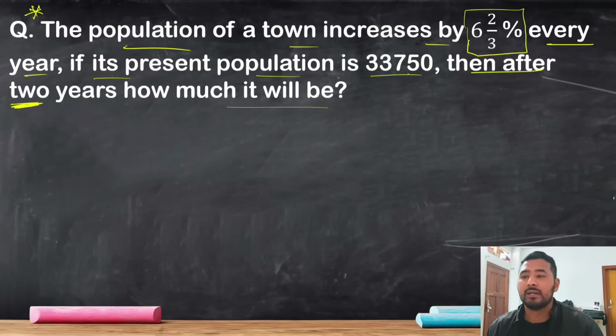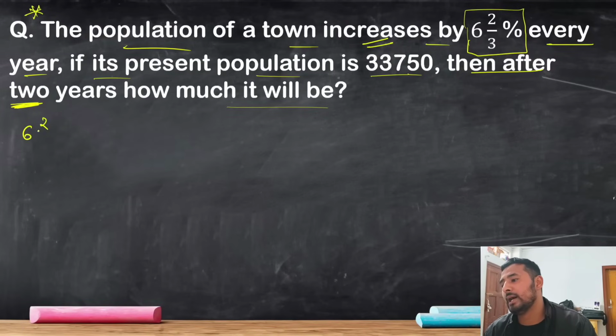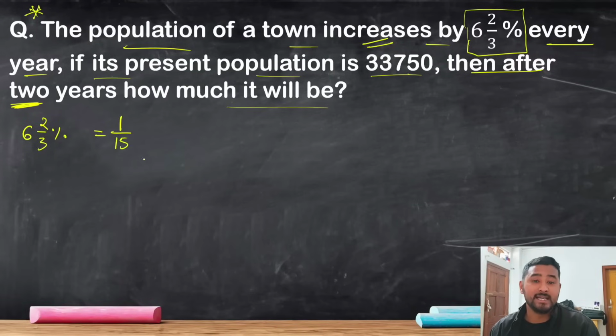So I'll do this one. Like I said, you have to notice first what? First thing you should notice, increase or decrease. The population is increasing. The fractional value now, 6 2 by 3%. So what is the fractional value of 6 2 by 3? It'll be 1 by 15. Since it is increased, I can write this one as how?